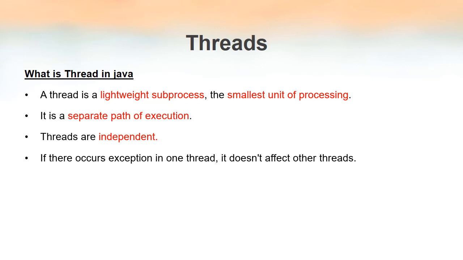Because, if we have studied exceptions before, if in one thread an exception gets raised, it is not going to affect the other threads. The other threads will work smoothly. And all the threads share the same memory area, so it is shared between the threads. There is no need to allocate separate memory area for each thread.